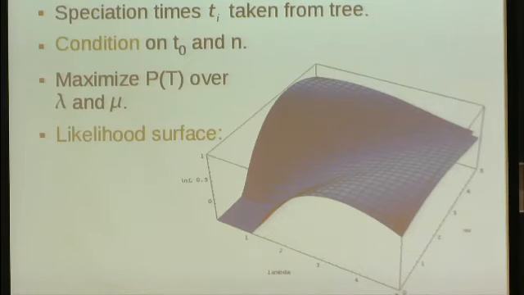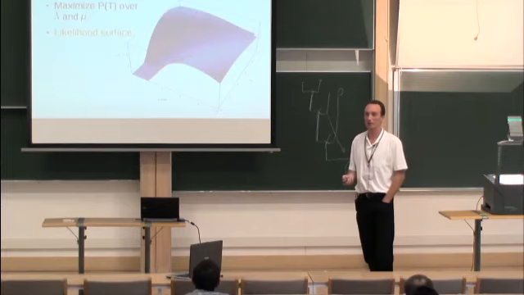One interesting thing about this likelihood surface is that it turns out to be symmetric in most cases that we've looked at. Mathematically, this follows fairly easily. Joe just did some calculations on the back of an envelope, and you can show mathematically that with the formula that we used, you do get a symmetric likelihood surface. But biologically, that would mean that you can reverse the roles of lambda and mu, and that seems a bit strange.